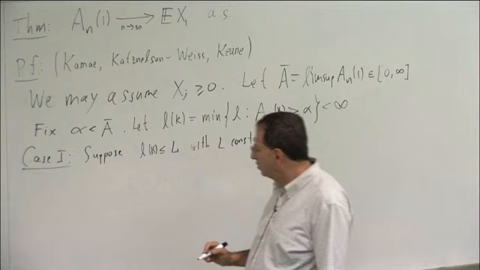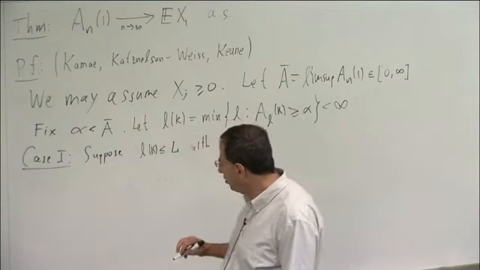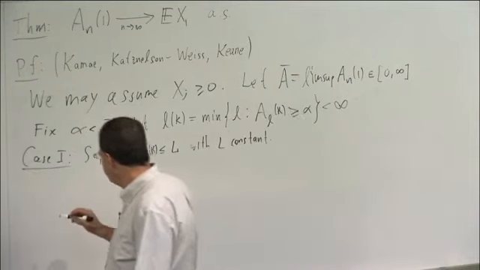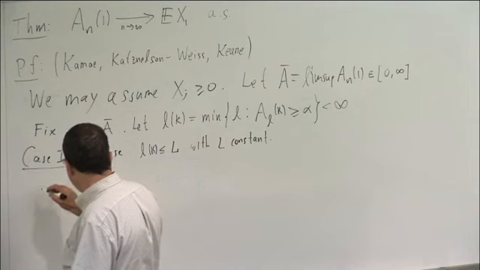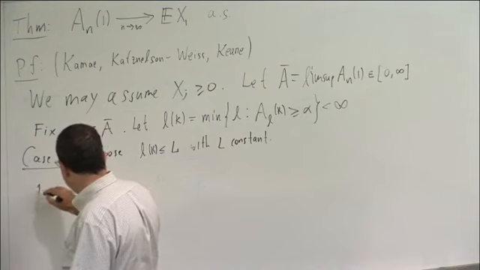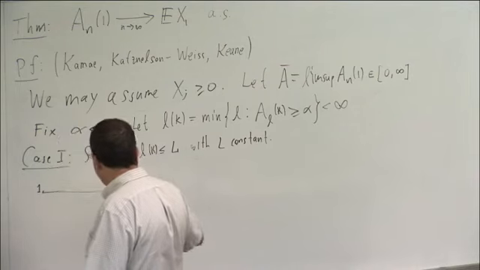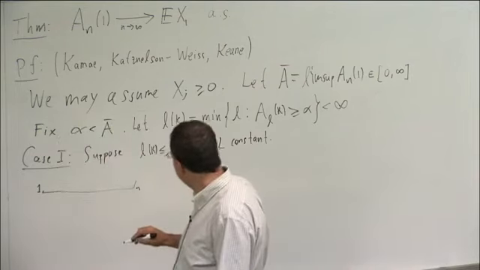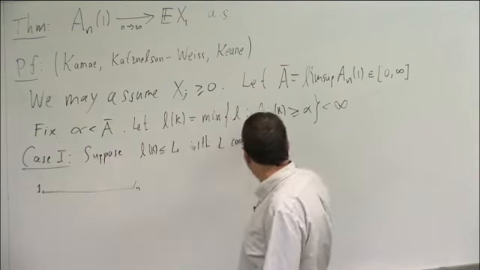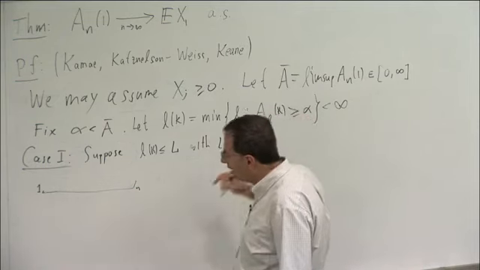In this case, we just take the partial sum and write it. Basically, the idea is to take the interval from 1 to n and cover it by intervals where the averages exceed alpha.